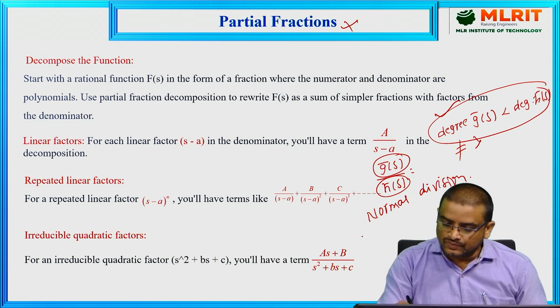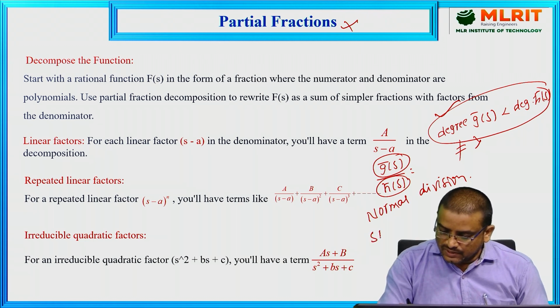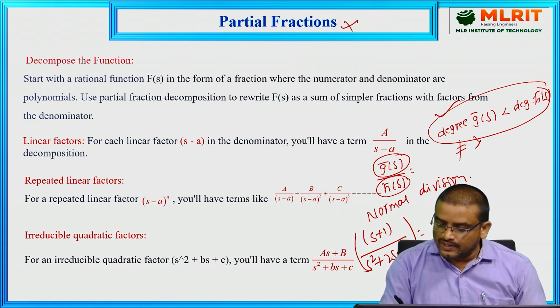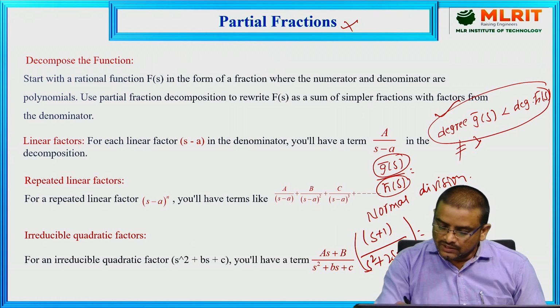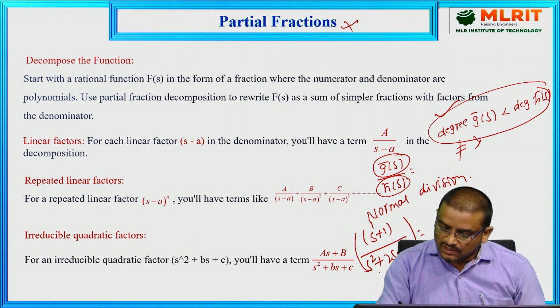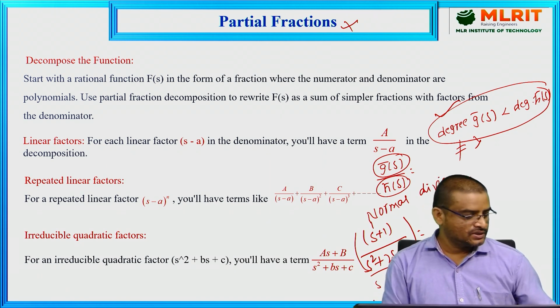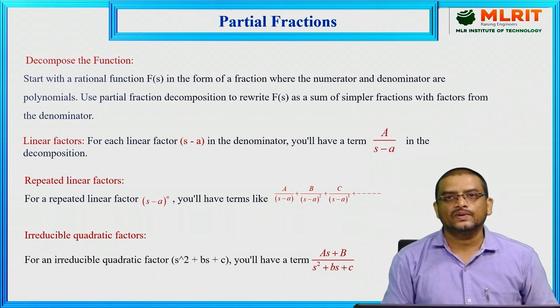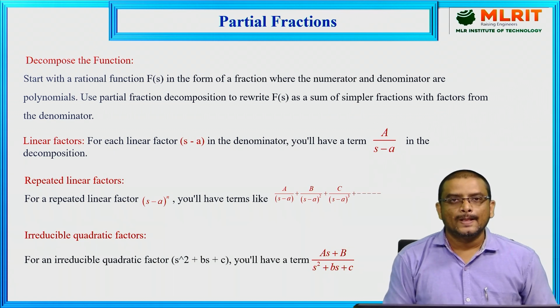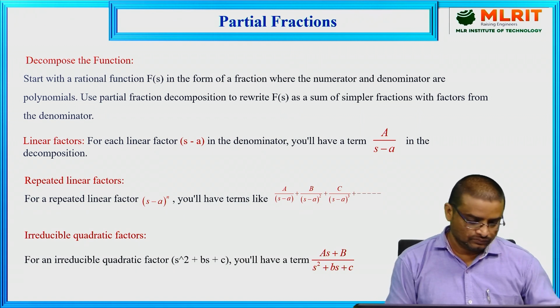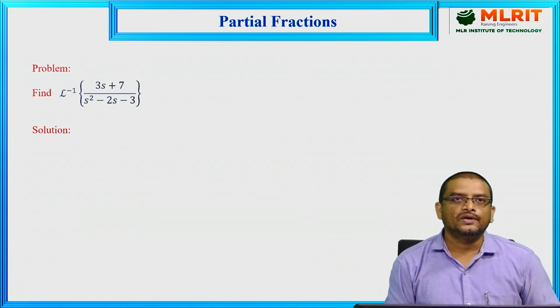For example, if you take s plus 1 by s square plus 2s plus 3, then we can apply the partial fractions for this one, because the numerator degree is 1 whereas in the denominator the highest degree term is s squared, so the degree of the denominator is 2. So this condition is satisfied, so that we can split into partial fractions. That is the important point we have to remember.